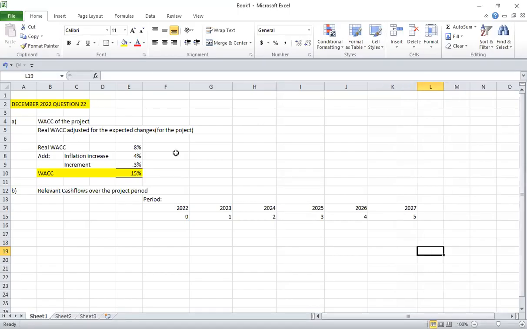I'm just enlarging my columns so that the amounts will fit within them. Now, which cash flow do we normally have that applies to period 0?